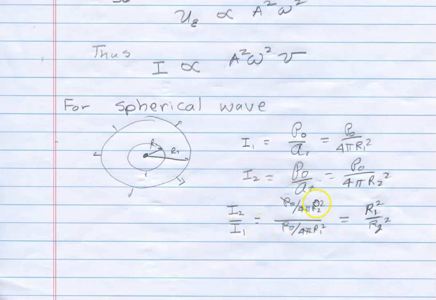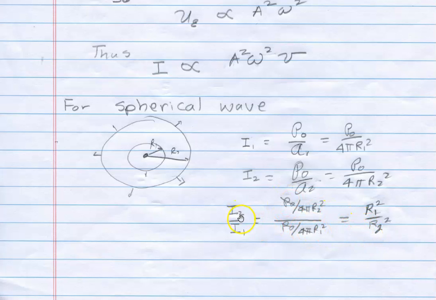And so I can take the ratio of I2 to I1, and use these two expressions. I2 is P naught over 4 pi R2 squared. I1 is P naught over 4 pi R1 squared. It was the same power source in both cases, and the 4 pi's cancel out.